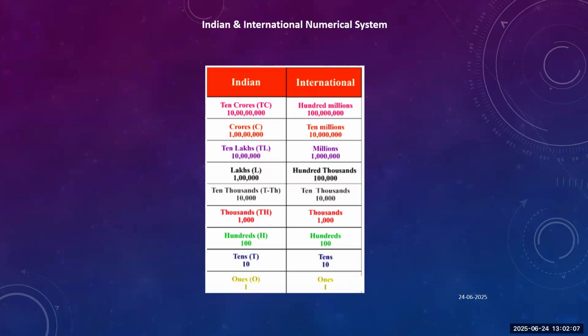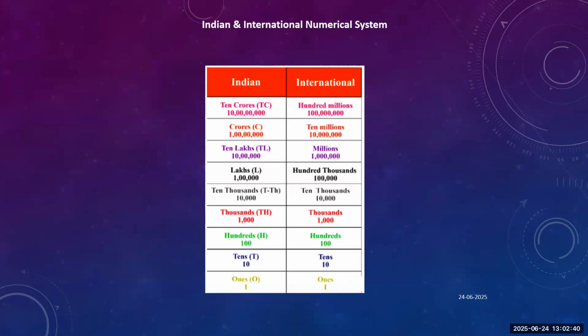There is no billion in this chart, you are saying. No, I did not put billions in this chart, but you must know what a billion is. That is why I said 100 crores is a billion.